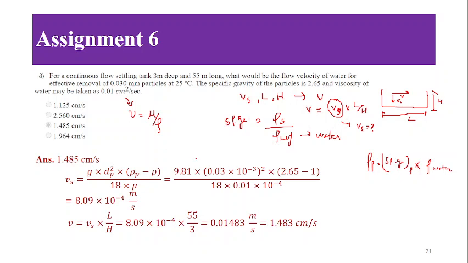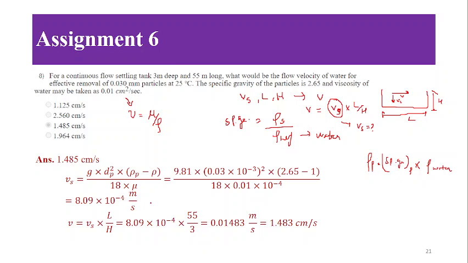So we know the acceleration due to gravity, we know the particle diameter, we convert it from millimeter to meters, and take the difference of the specific gravities, and in the denominator we have the 18 factor and the converted form of the kinematic viscosity into meter square per second, and from that we get the settling velocity as 8.09 10 to power minus 4 meter per second.